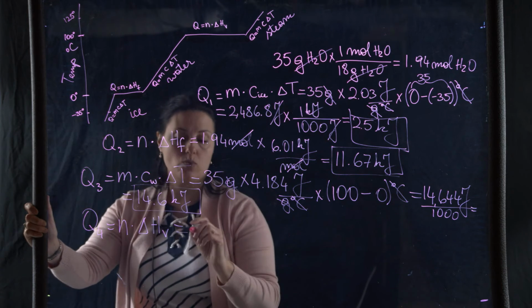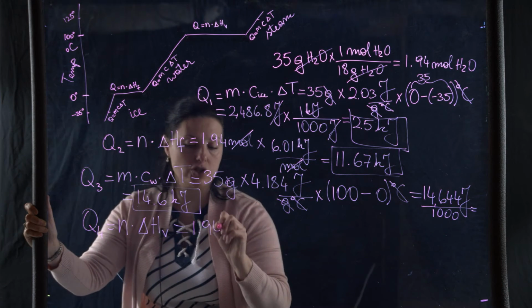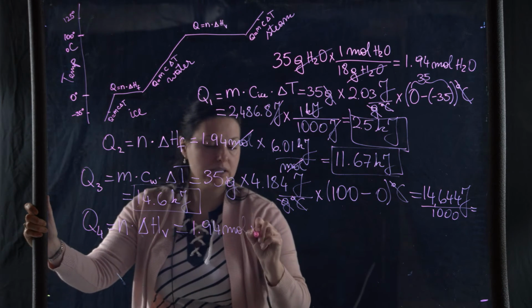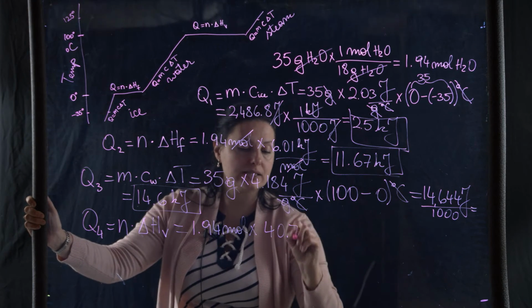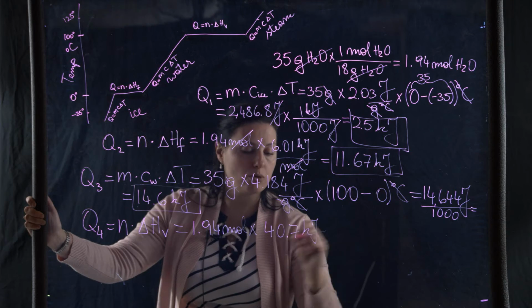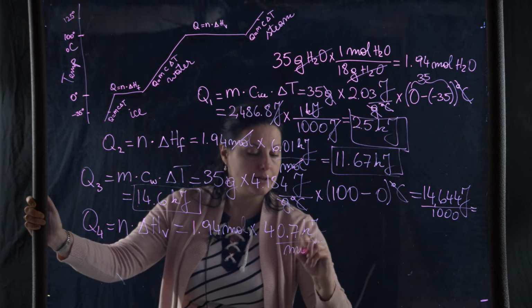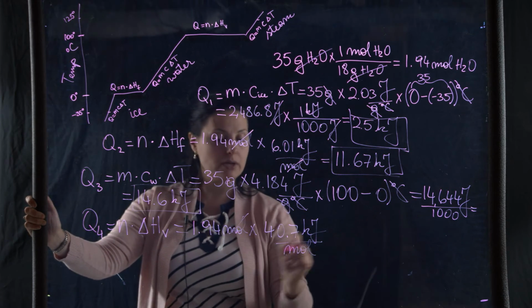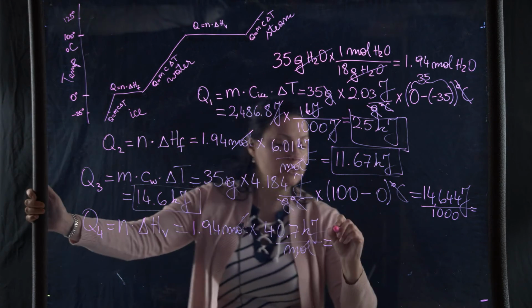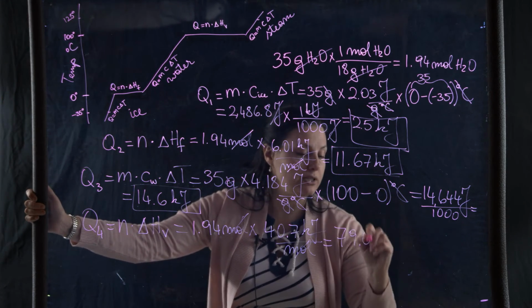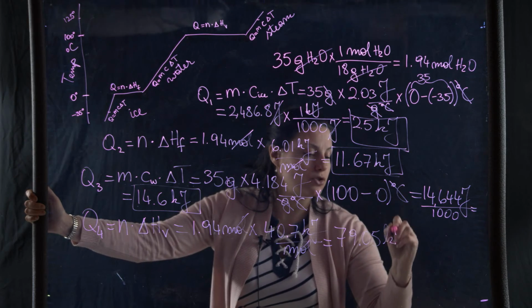My n is 1.94, that hasn't changed, mole, times delta H_v for water is 40.7 kilojoules per mole. My moles will cancel, and if you do that math, you should get 79.05 kilojoules.